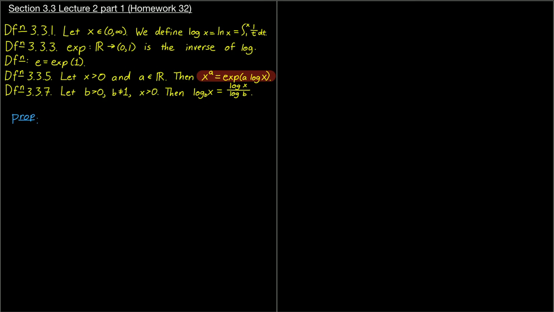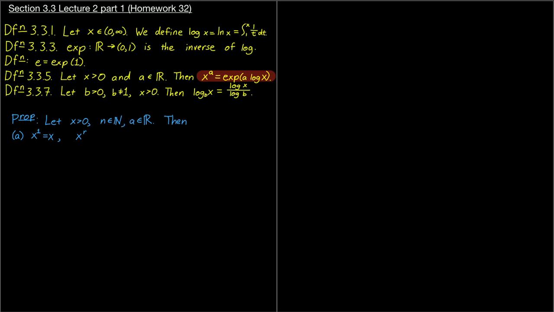This is basically to make sure that this new definition of powers coincides with the definition we're used to when the power happens to be an integer. So let x be a positive number, n be a natural number, and a be a real number. First things first is that x to the power of 1 is x.